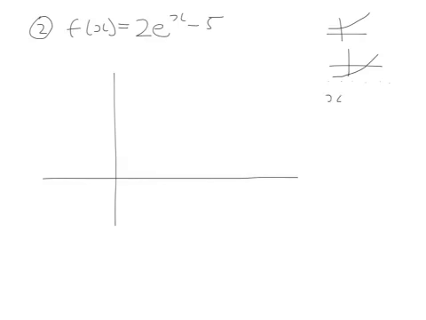So when x equals 0, f of 0 is 2 times e to the 0, that's 2 times 1 minus 5, so that's minus 3. So the graph does this. That's not very good, it doesn't curve upwards. So it's like that. And then this line here is the asymptote. So the asymptote is y equals minus 5.